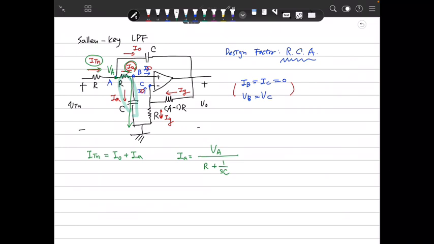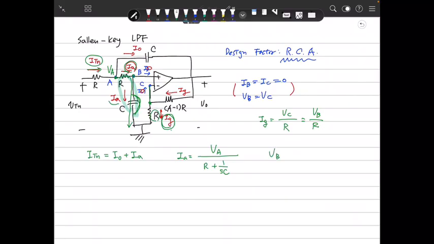Then what is VB? Because we need to know IG, and IG is in the same way, that voltage is VC divided by R, because the impedance is R. But VC is the same as VB. Then we need to define VB. VB is the voltage drop across this capacitor.